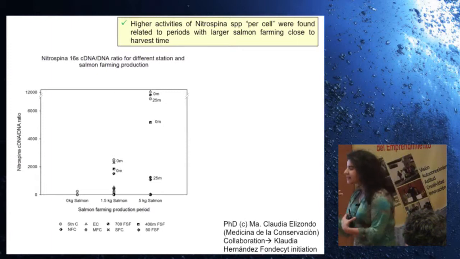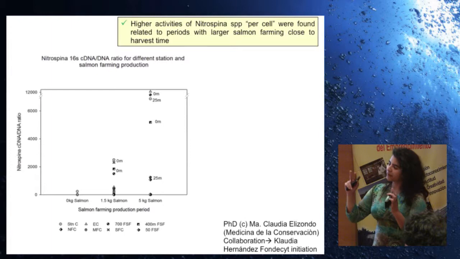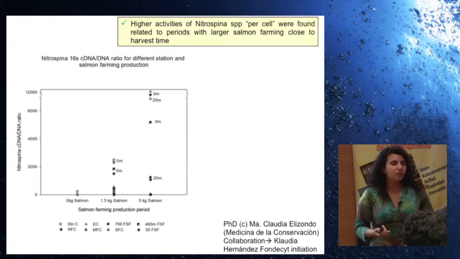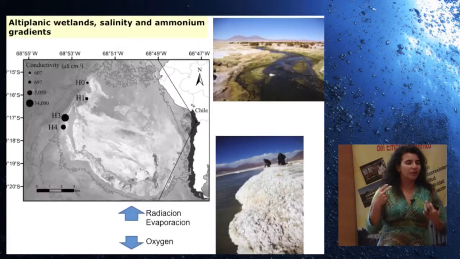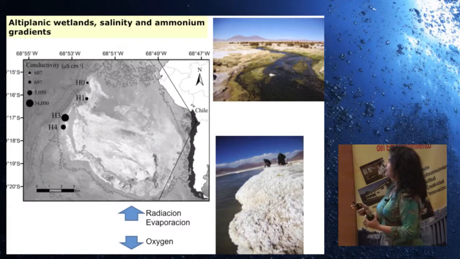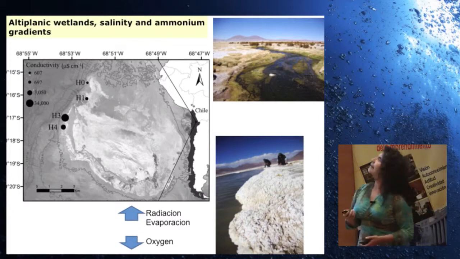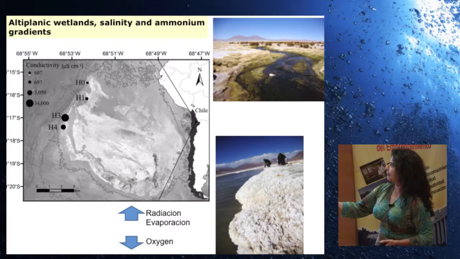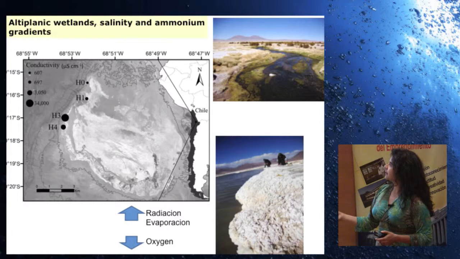And then as a second part, because this was mainly related to one of the gradients, the substrate enrichments, what happened with salinity, which I left to the end, in the altiplanic salars. We've seen a trend in salinity. This is just one of the first campaigns. This is the main lagoon.